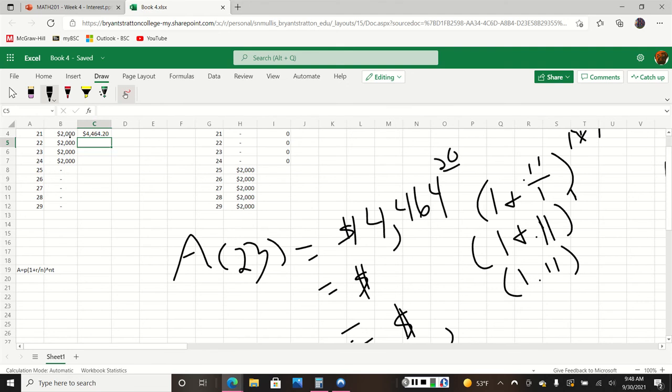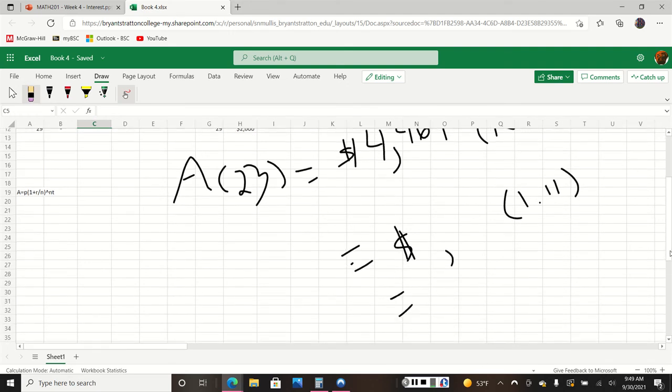And then we're going to use the same numbers. So I'm going to skip past this because we already know what those numbers are. And we're just going to go all the way down here and we're going to enter $4,464.20. And we're going to multiply that by 1.11. Again, it's the same number.